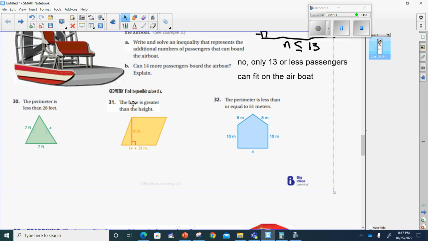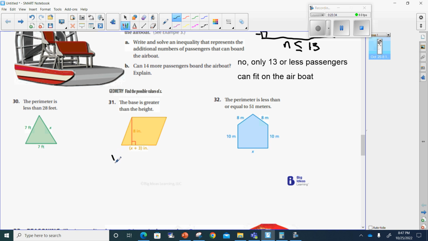We have number 31. The base is greater than the height. So we need to find out what x is. We have x plus 3 inches here and 8 inches up. I happen to know that the formula for a parallelogram is going to be base times height.